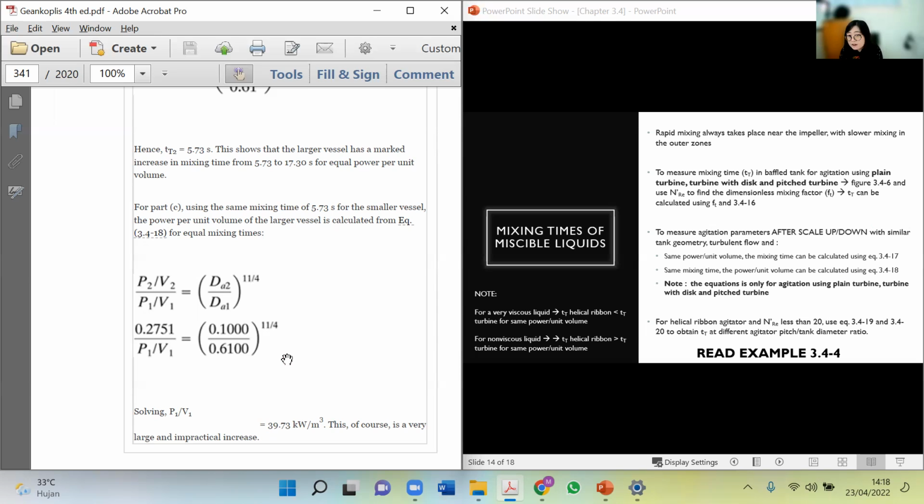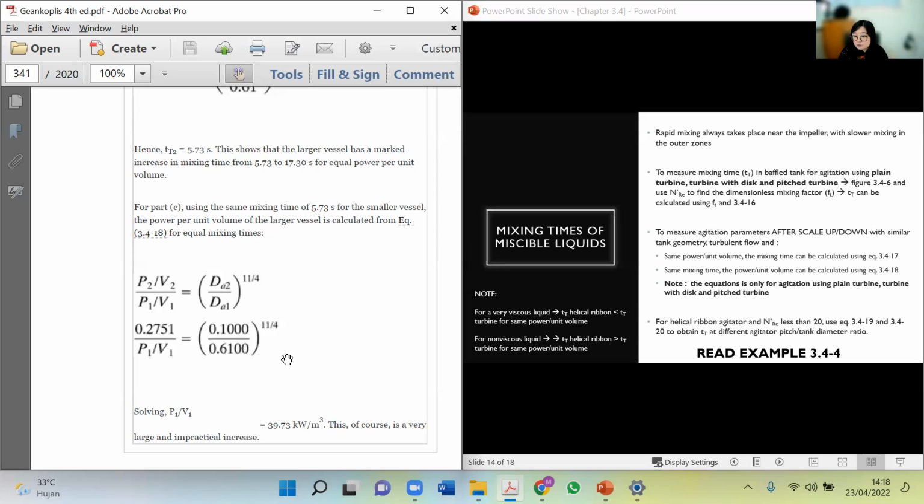However, if we scale this smaller tank back to the original one but still use the same mixing time as the smaller one, then of course this system needs a higher power to ensure that all liquids will be mixed well.